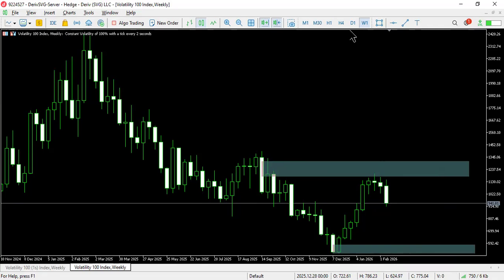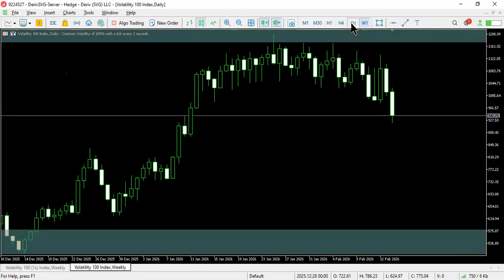So heading over to the daily time frame. From the daily time frame, we can see that there was a break of structure right there.